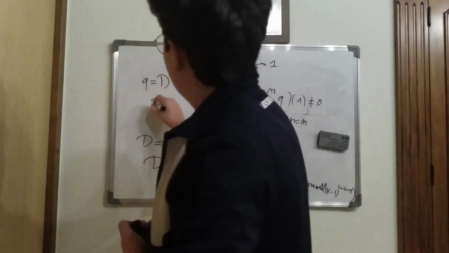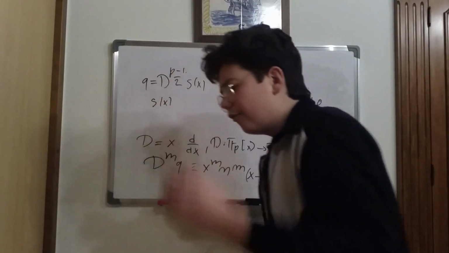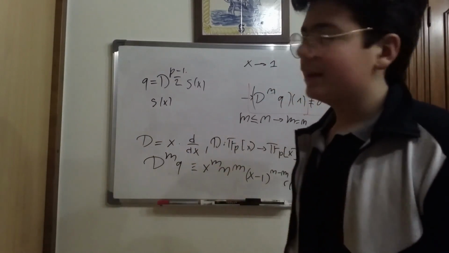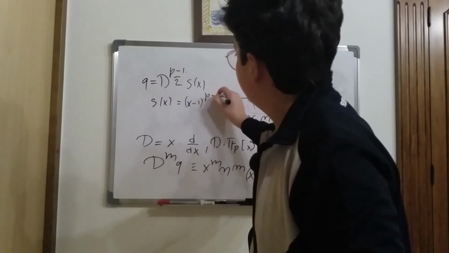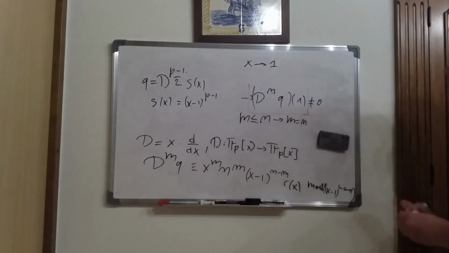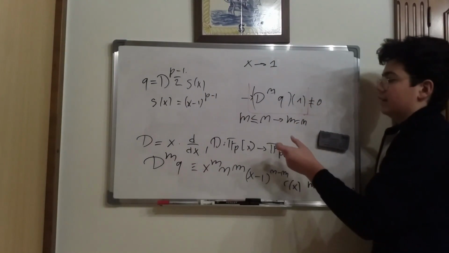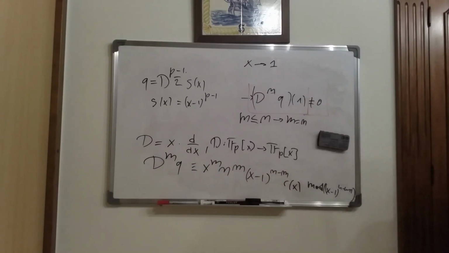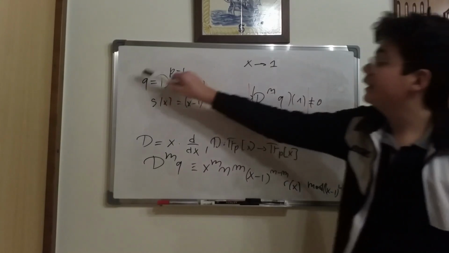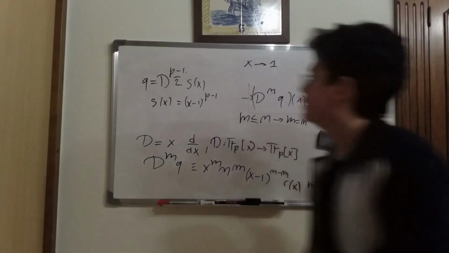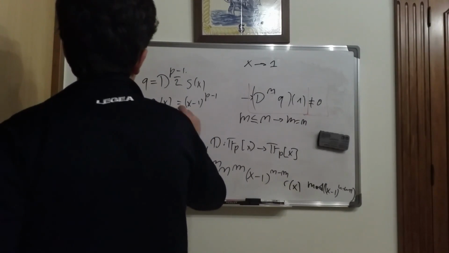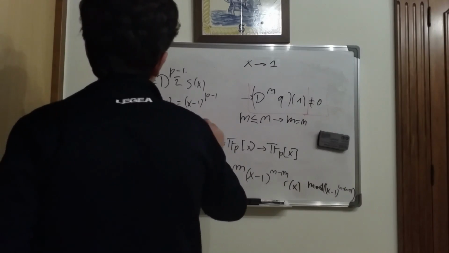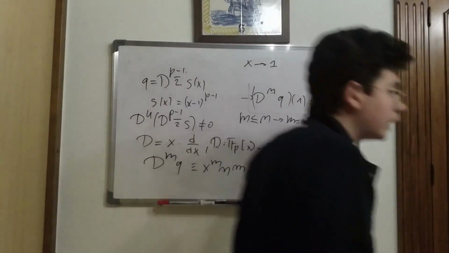Now s of x is a power of x minus 1. In fact, I have (x minus 1) to p minus 1. Now we can apply the same logic that I applied here to this case now. In fact, I have the derivative n times, (p minus 1) over 2, so isn't equal to 0.